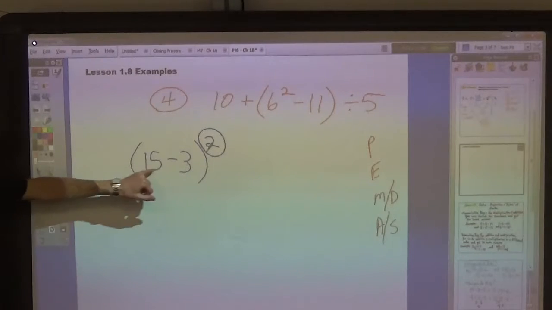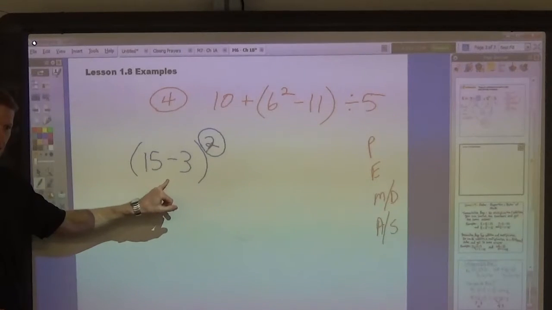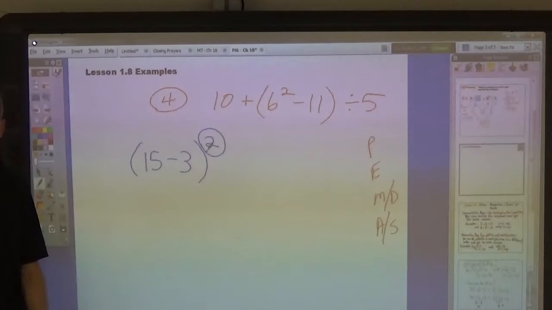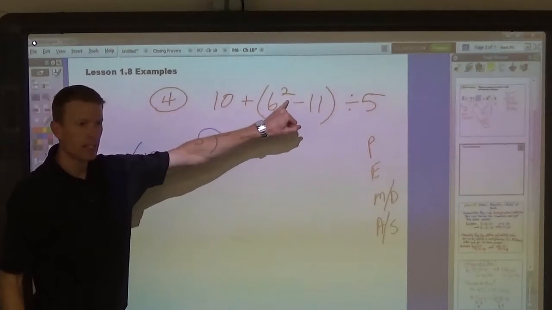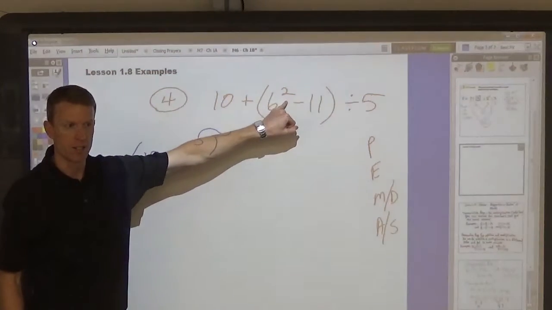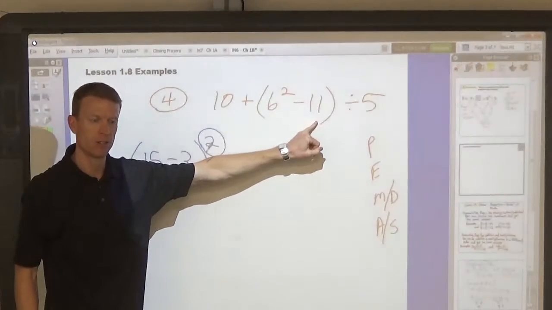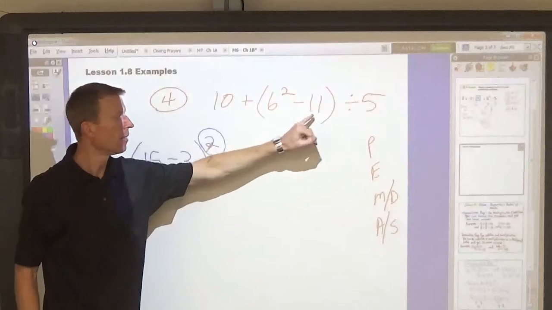So that one is telling us we have to subtract and then go outside the parentheses and square it. Okay? In this case, the exponent is inside the parentheses. So that means we should do that first and then subtract.